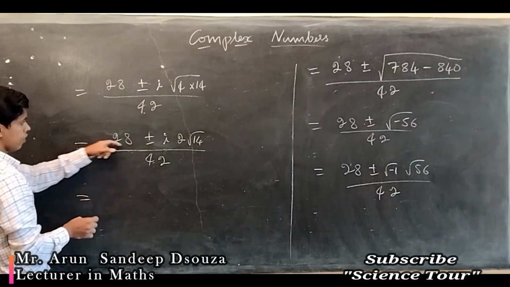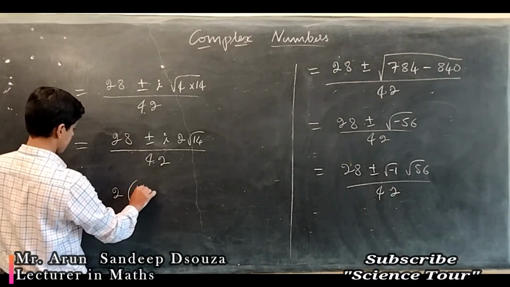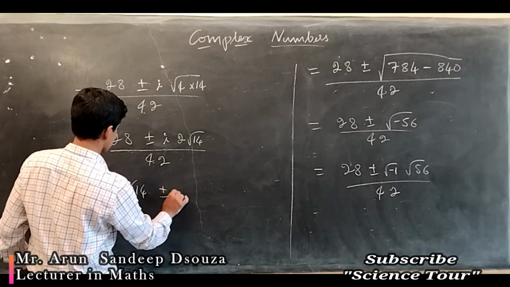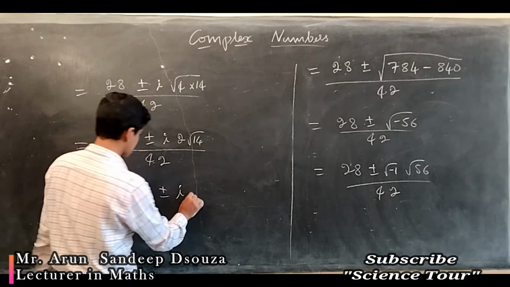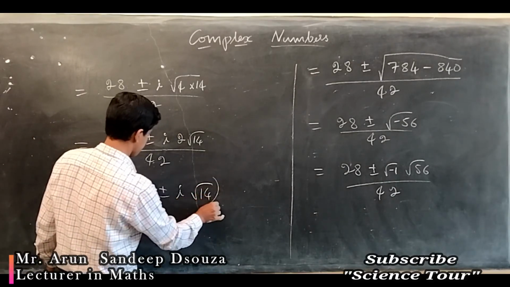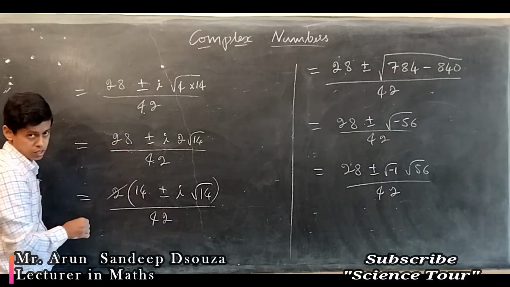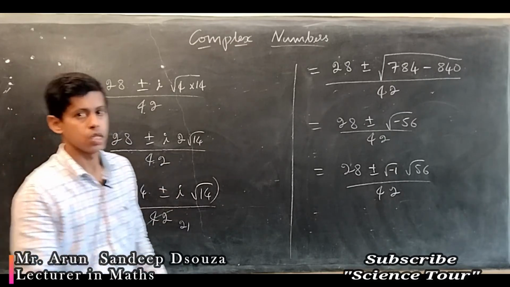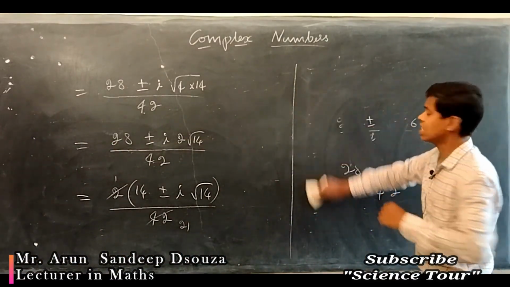Now I can take 2 common. If I take 2 common, this will be 14 plus or minus i, and 2 is outside, therefore root 14 will remain here, divided by 42. So 2 ones are 2 and 2 21s are 42. Now you have got the values of x and finally write the roots.